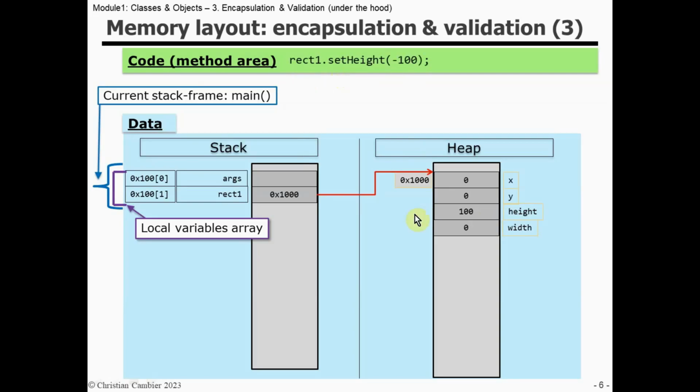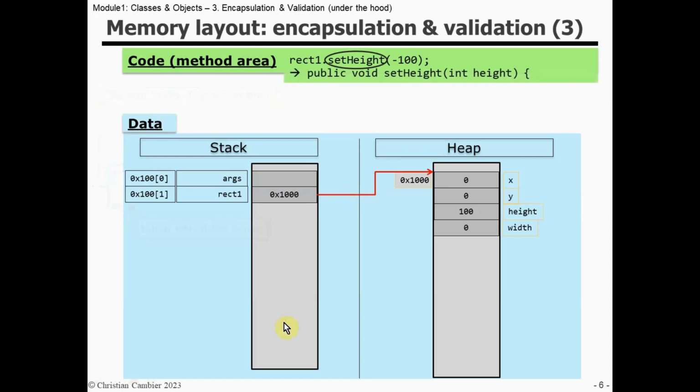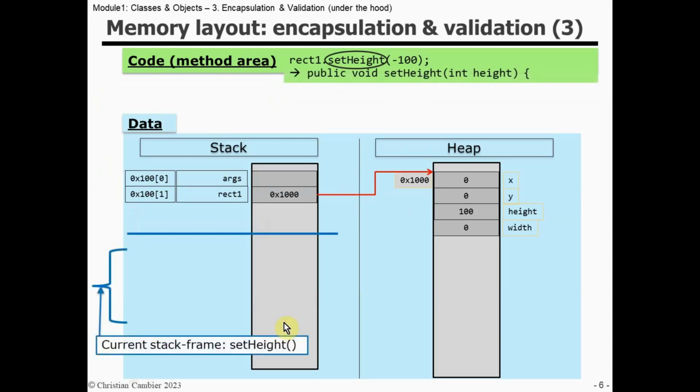What happens if we pass a value of minus 100, which should not be accepted by the validation implementation? So, same process. The setHeight invocation will have the runtime jump to the setHeight method. For the setHeight method, the current stack frame will be constructed.